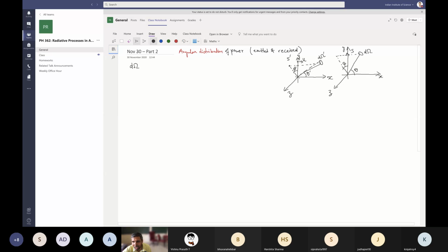So how about theta? How do thetas transform, right? Let me just write down phi prime. So phi prime equals phi. Let me show why. Tan phi prime is dz by dy. This is basically the angle between the y-axis and the z-axis.